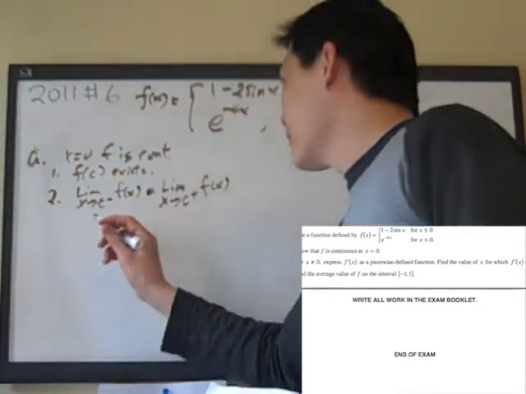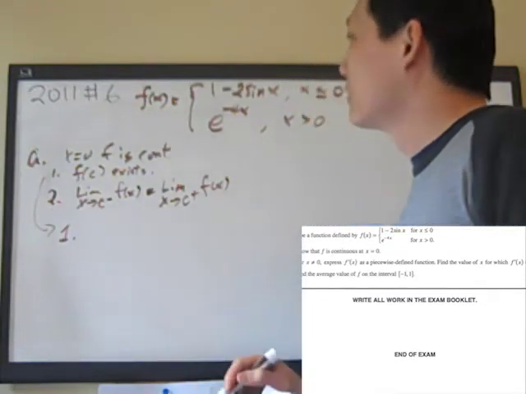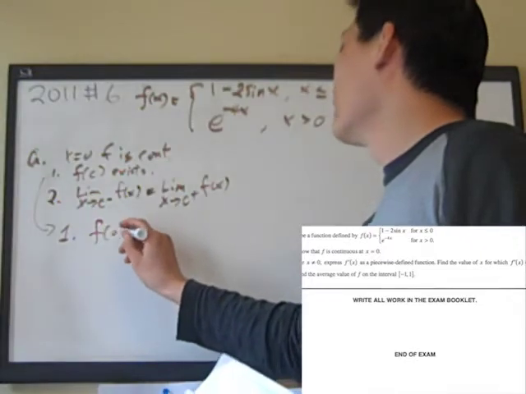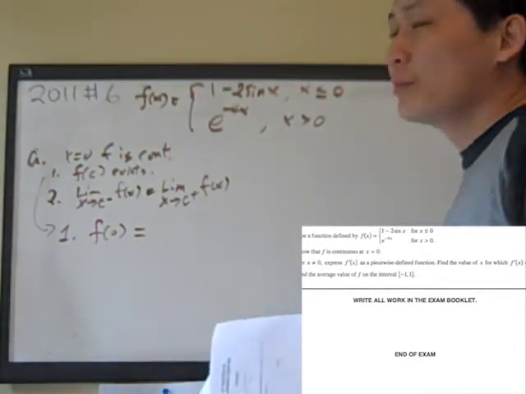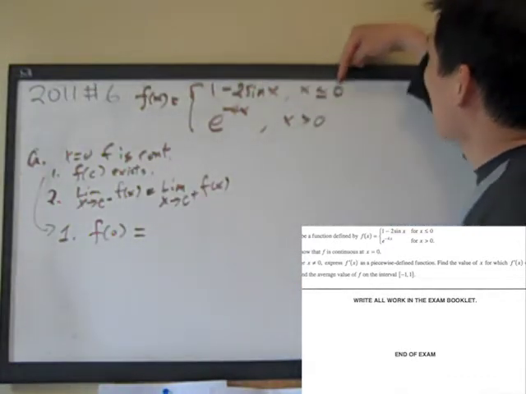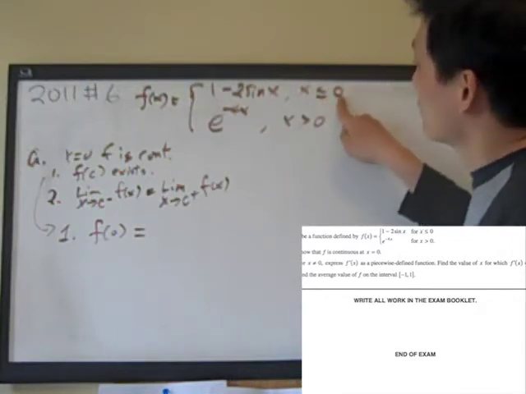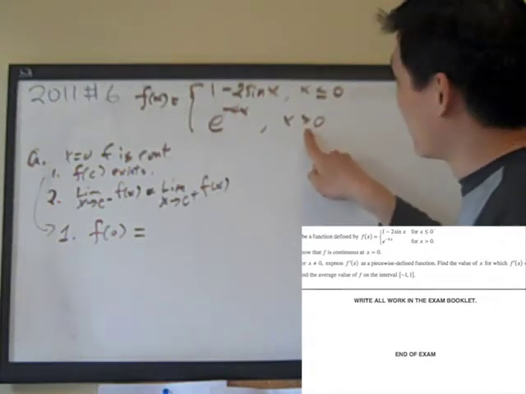If that's the case, let's try it out. Number 1: does f of c exist? Meaning, does f of 0 exist? The only place we can use is this one, because x is less than or equal to 0. The other piece is for x bigger than 0 but not equal to 0.